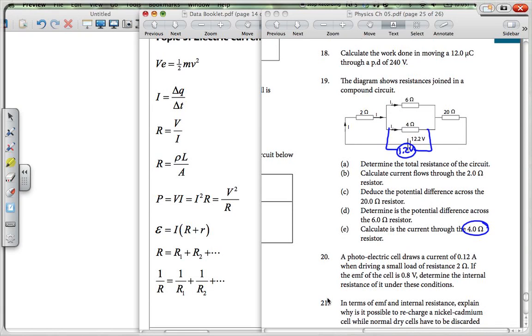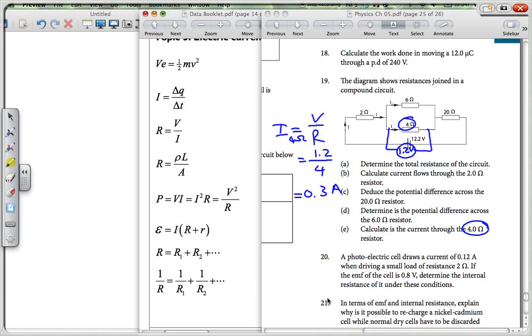current through each one. So in this case over here, your I is equal to V over R. So because it's 1.2 and it's 4 ohms, we would get 0.3 amps going through that. If I divide 1.2 through the 6 ohm, this would be through the 4 ohm.